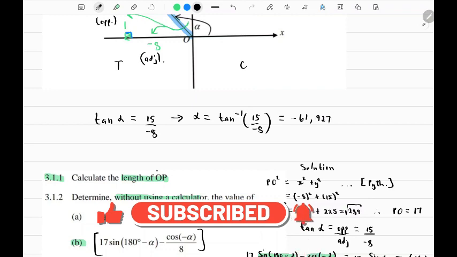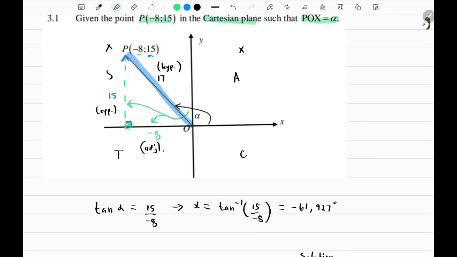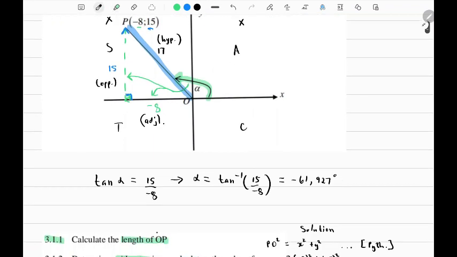And this gives us negative 61.927, correct to 3 decimal places, but from the diagram we can see that alpha here is an obtuse angle and is a positive angle because it's measured counterclockwise. So it means this given angle then becomes a reference angle. But we know tangent is periodic every 180 degrees. So the true size of alpha would be, when we say periodic, we say that it repeats itself after every 180 degrees.